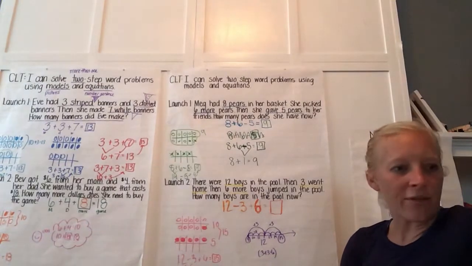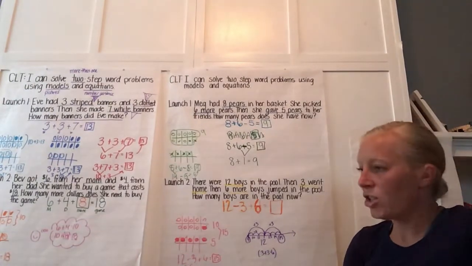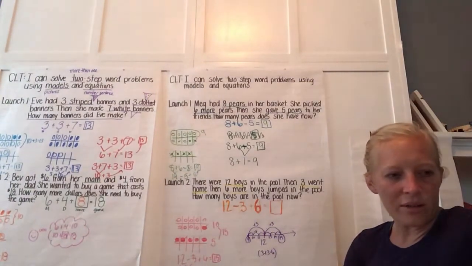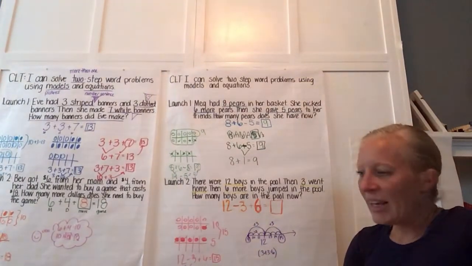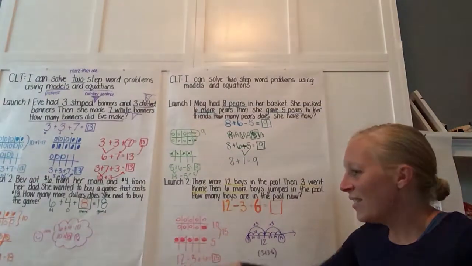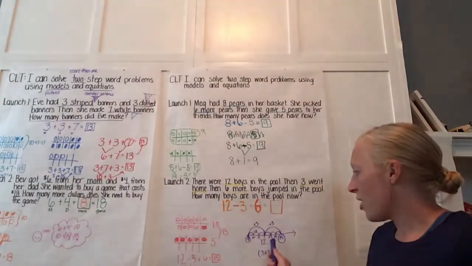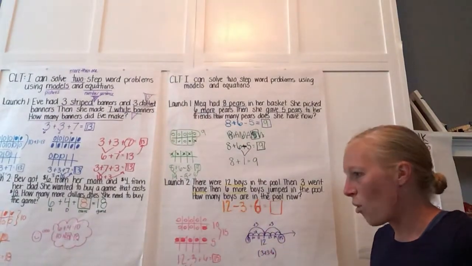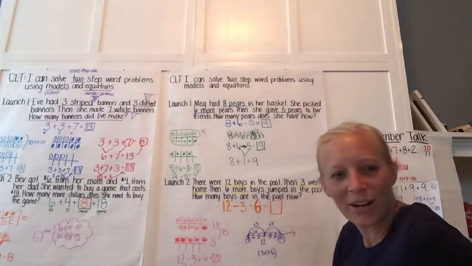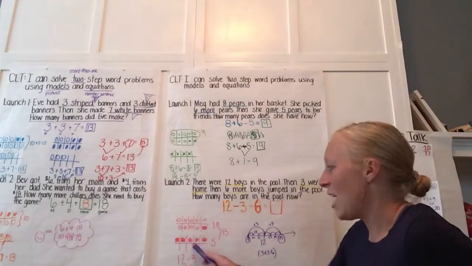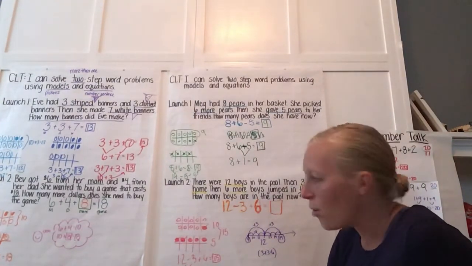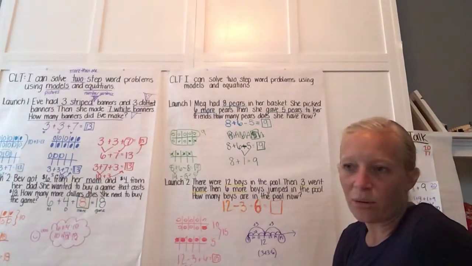Their picture's different, right? One is using a number line, one is using our counters. How is it similar? Yeah, you're right. So just like on our number line, took away 3 and then had to add those 3 again and then add 3 more. The same thing happened over here, didn't it? She had to take away those 3, but then she had to put them right back on her board, and then she needed to do 3 more.